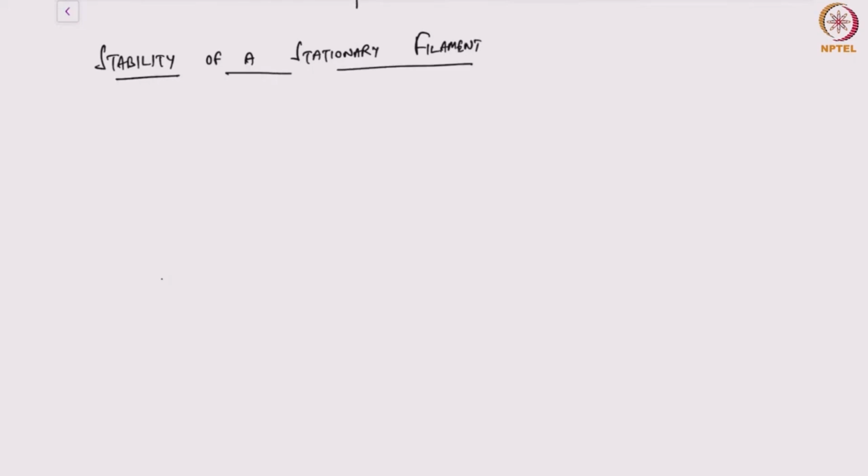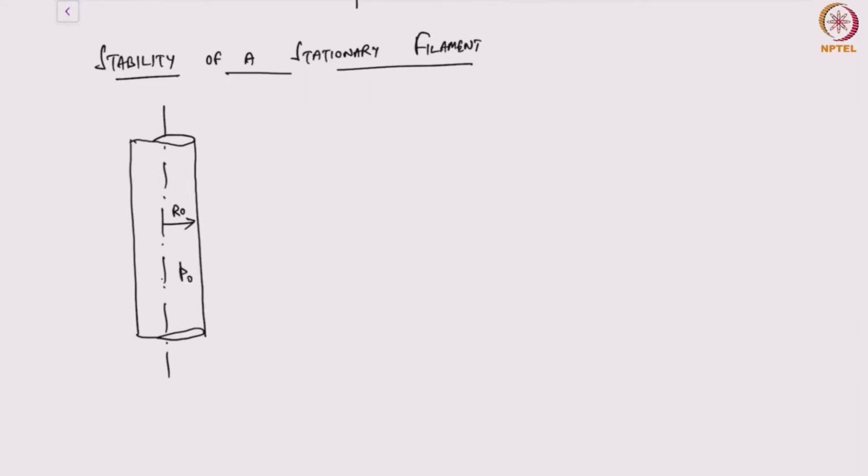Let me first draw the filament again. So we can think of a filament of radius r naught, and the pressure inside is P naught. Now, what are the key steps in the stability analysis?